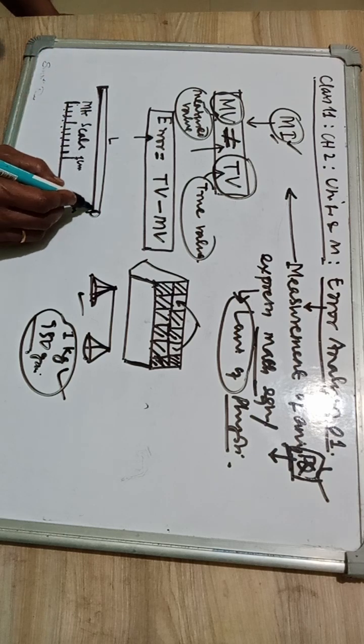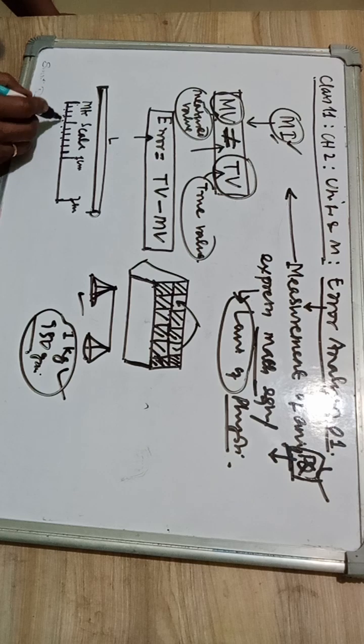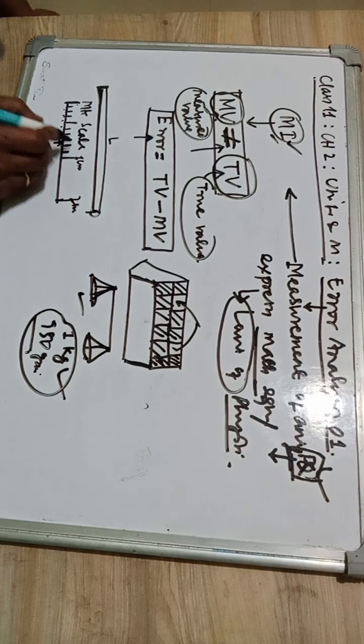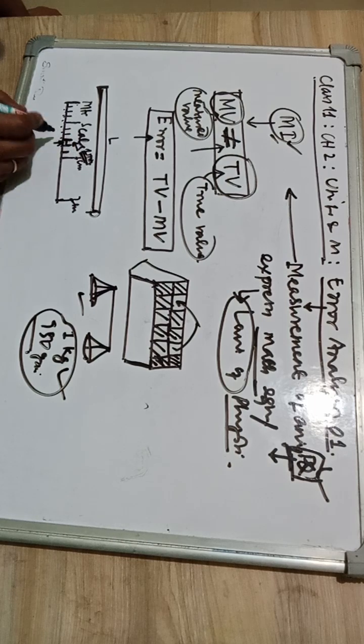If the length of that pipe comes in between two lines of this division, where one division is 1 millimeter, you have to tell either it is 8 millimeter or 9.